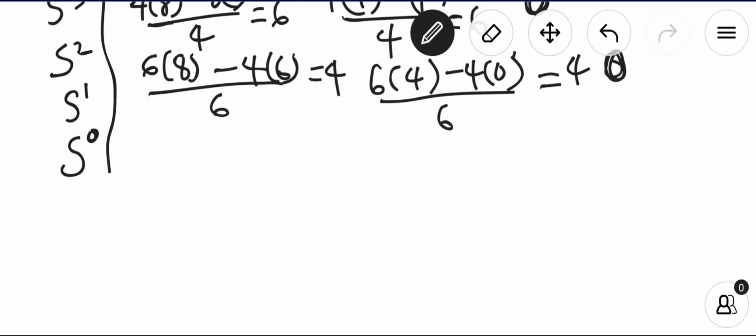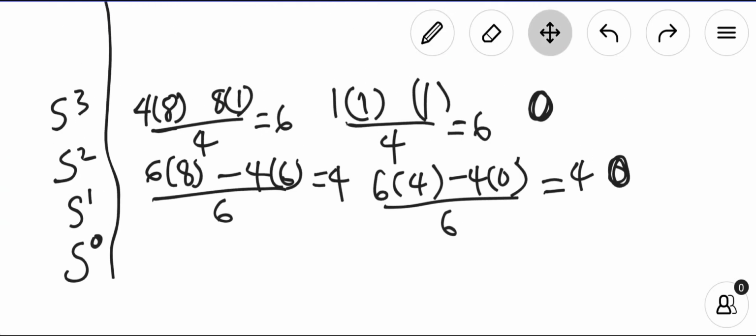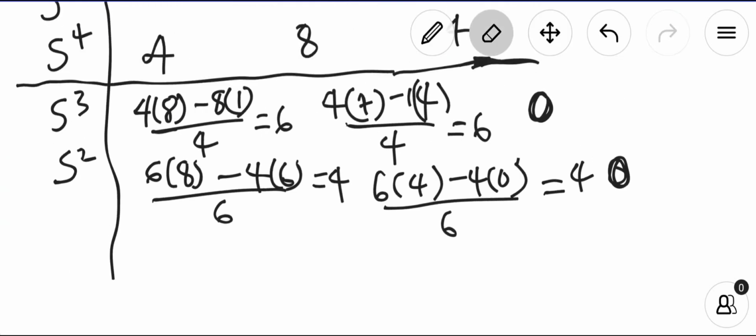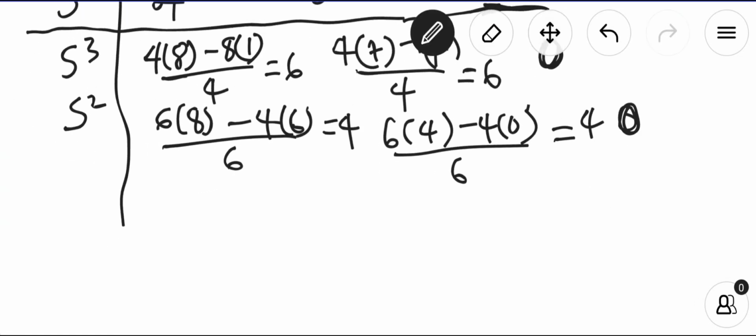Now for s to power 2, we have done it, but we have not even done s1. Let me move it here, s0.